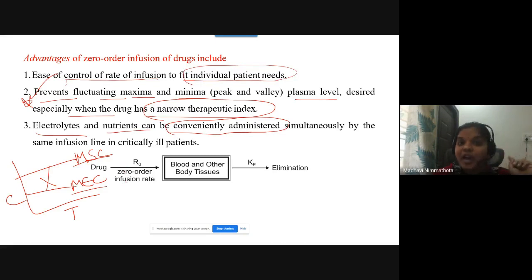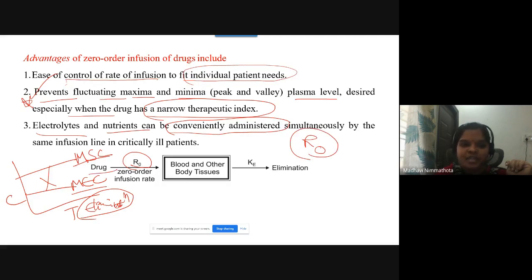In case of IV bolus, we focused only on the elimination because there is no absorption, or negligible absorption, there. But in case of IV infusion, you have to calculate this R0. Just remember that R0 is the IV infusion rate.